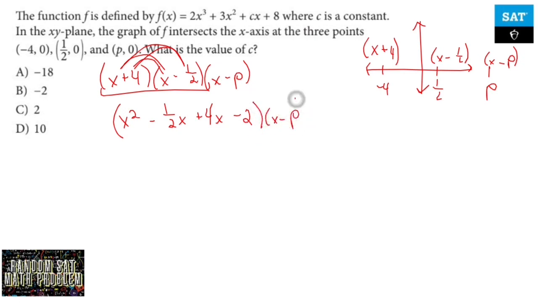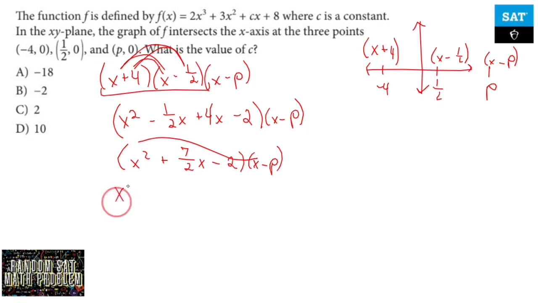Now I can simplify that to be x squared plus 3.5x, so I'll put 7 over 2 because I can, minus 2 times x minus p. Now I have to FOIL again.